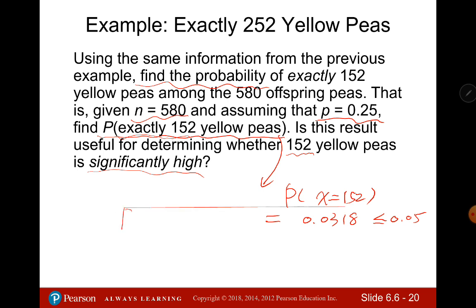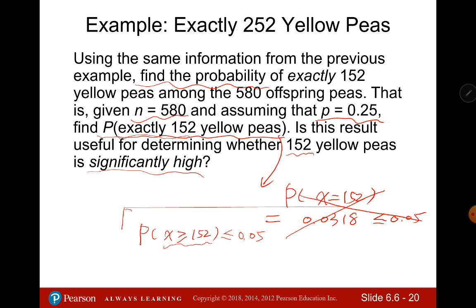I will say this is not the correct one. Because we can say 152 is significantly high only if the probability of x greater than or equal to 152 is less than 0.05. We check the difference here.